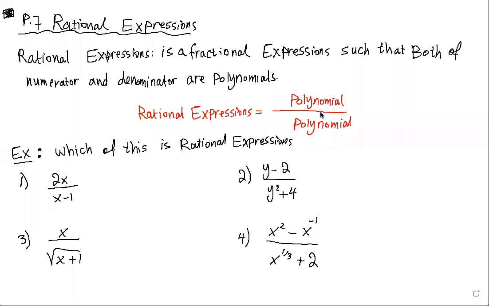If both of them are polynomials, then it's a rational expression. 2x is a polynomial? Yes, it is. X minus 1 is a polynomial? Yes. So the answer is yes, it is a rational expression.